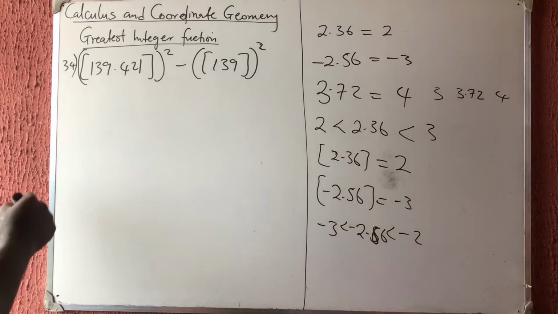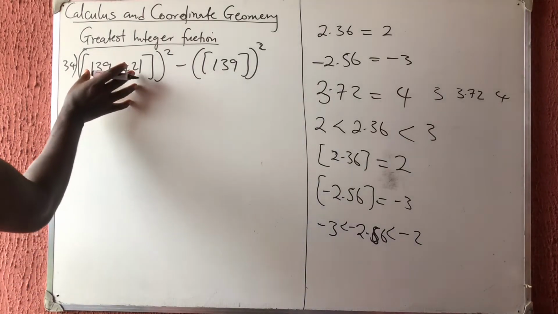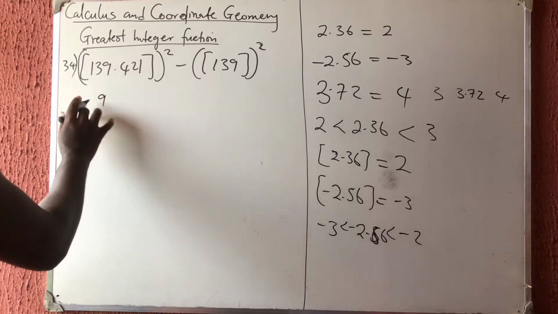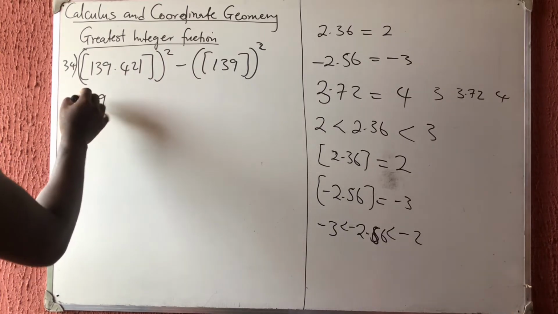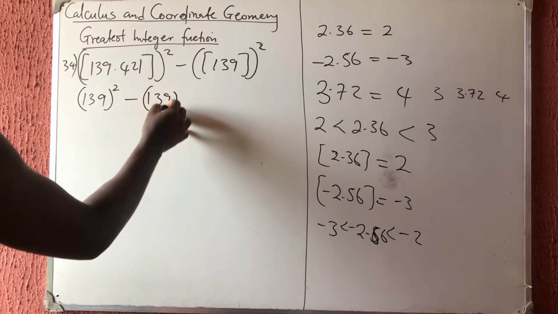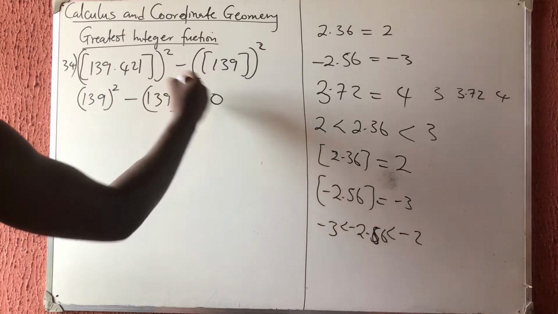Now this one is the same thing as just getting the greatest integer function of this, which is 139. So 139 is the greatest integer function, all squared, minus the same 139 all squared. When anything subtracts itself, you are getting 0.